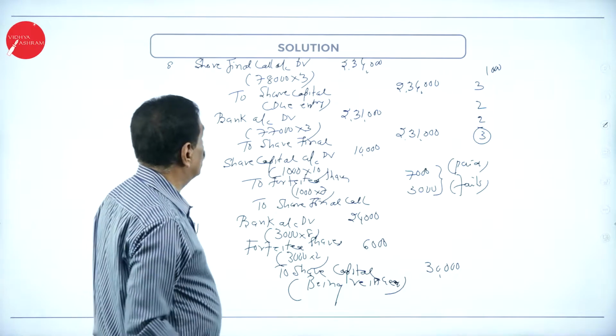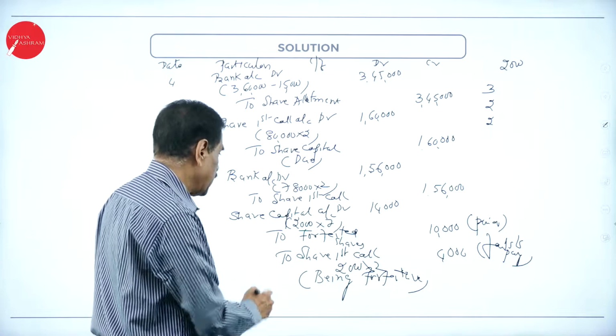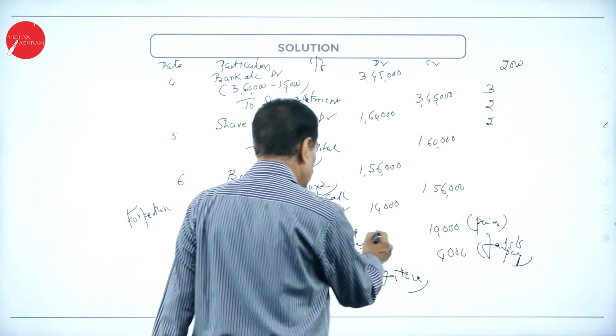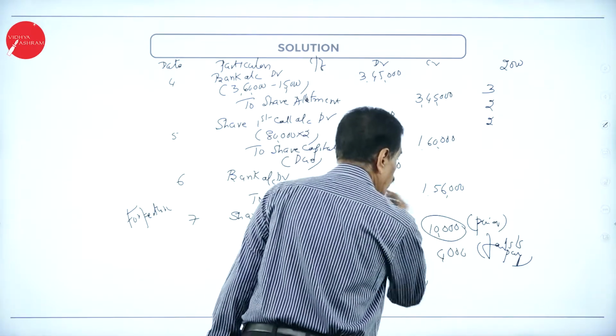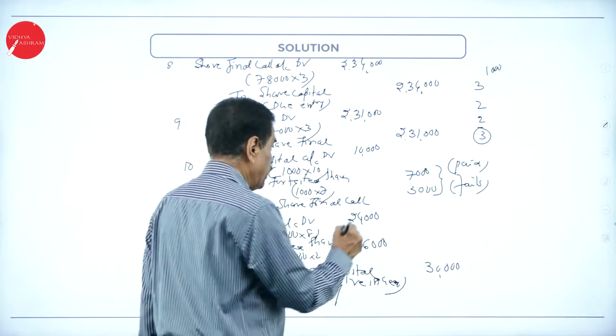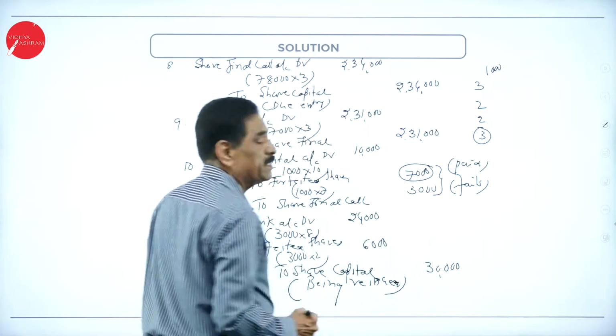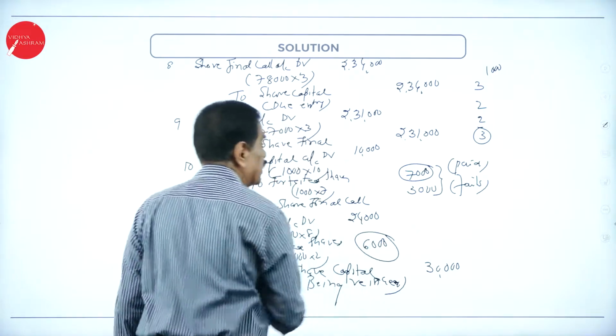Now, if we go one by one, entry for forfeiture: share capital, to forfeited shares account, this is 10,000. Then forfeited here, come back here, to forfeited, 7,000. 10 plus 7, 17,000, minus 6,000 is loss.